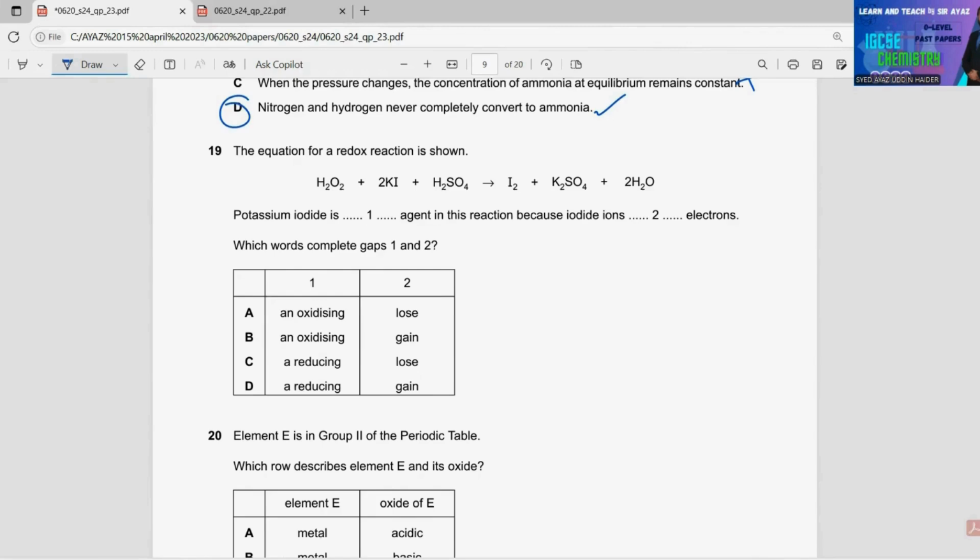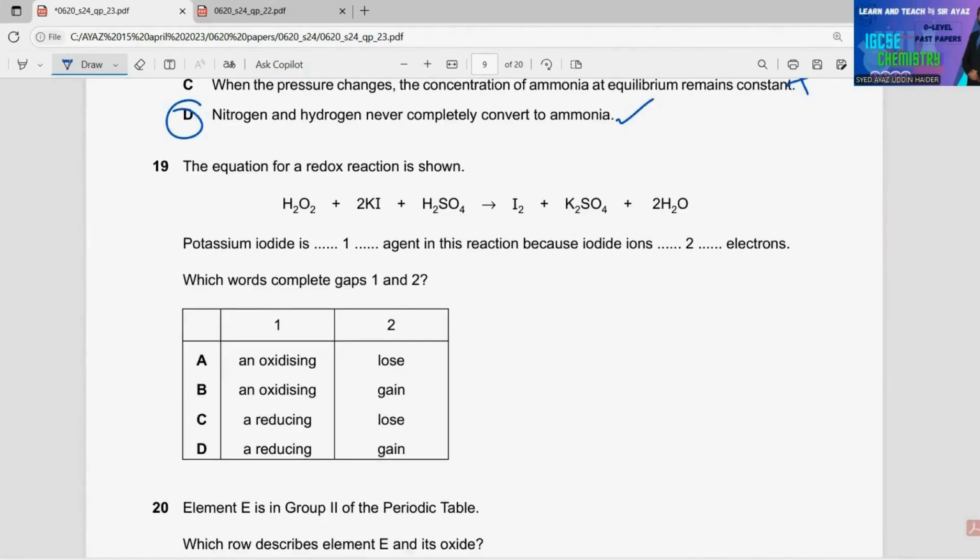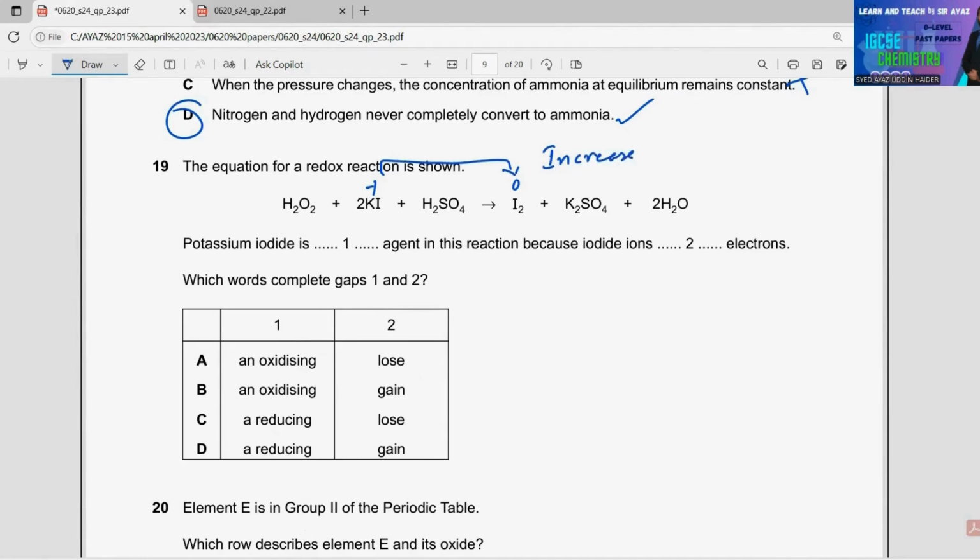Now, if you look at the potassium iodide, what will be the oxidation number of iodide ion here? A non-metal is attached to potassium ion. It will be carrying a minus charge here, -1. So on the product side, it's becoming 0. There is no charge on I2. So it means that there's an increase in oxidation number or loss of electron.